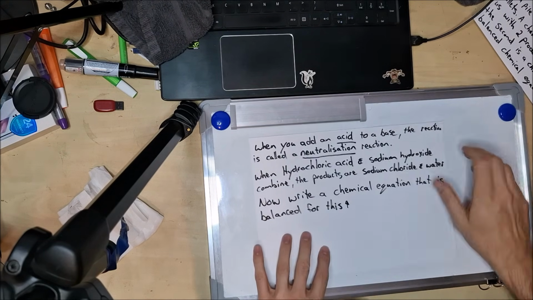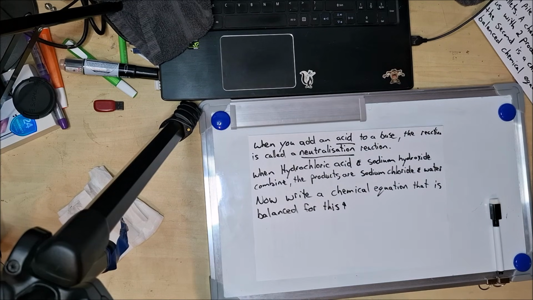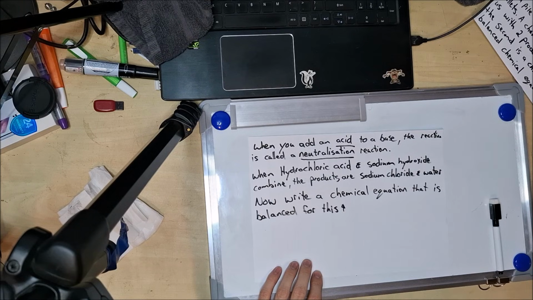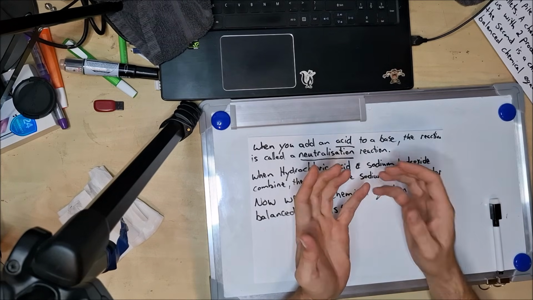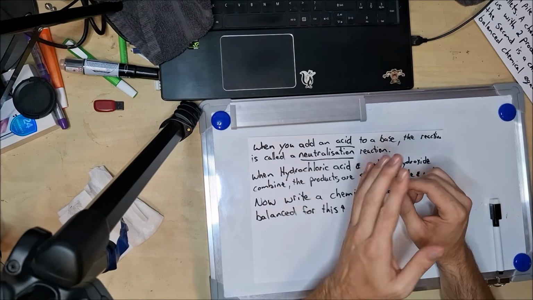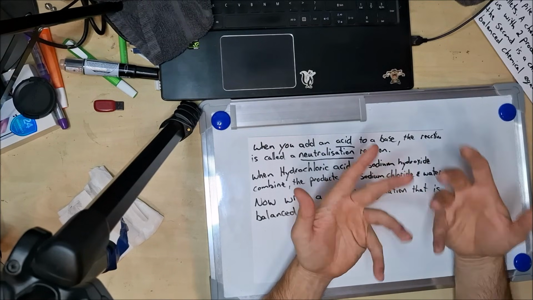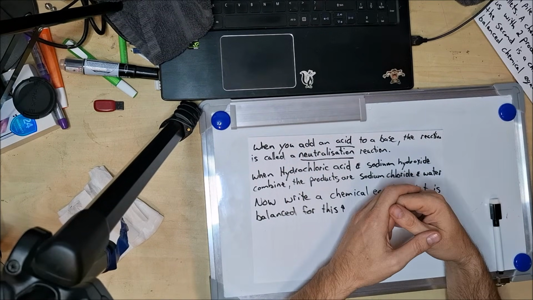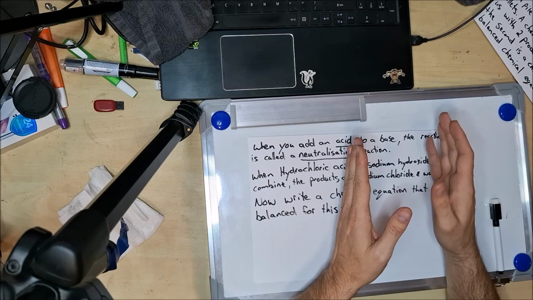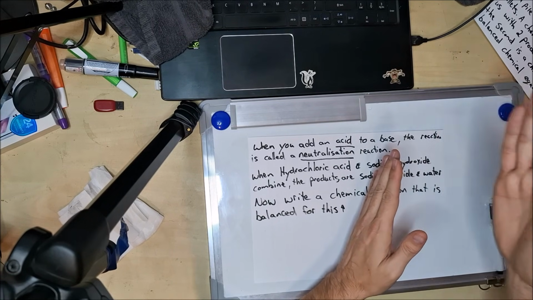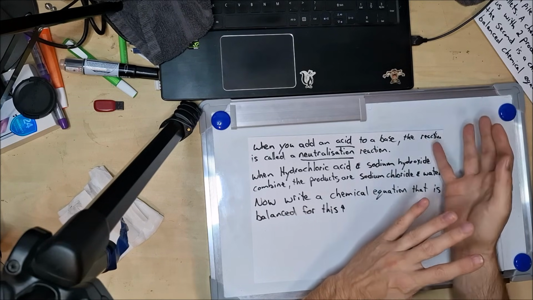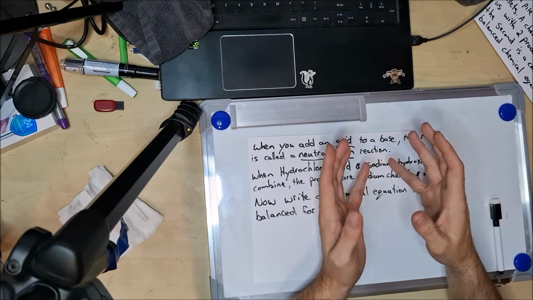The first one that I've written down for you is when you add an acid to a base, the reaction is called a neutralization reaction. You've learned about acids and bases and you know that everything goes according to the pH scale. Neutral is in the middle, so that's where water and substances like that are.